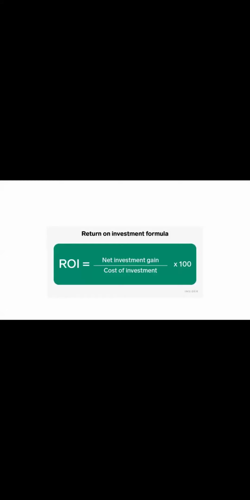You understood how it is when you invest in something. If you would have spent that 15,000 on something else, it might not be value for money. Okay. So return on investment is the net investment gain upon the cost of investment, multiplied by 100. That is your return on investment. Okay.